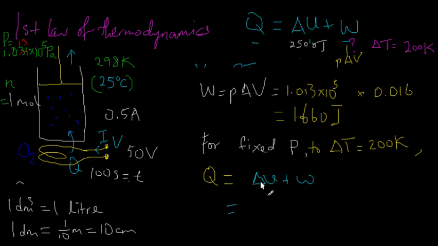The change in internal energy for this temperature increase I've already found earlier to be 2500 joules. And the work done I've just found to be 1660 joules. And finally, you can add this up and get the answer for the total amount of heat I need to put in from the heating coil into the gas.